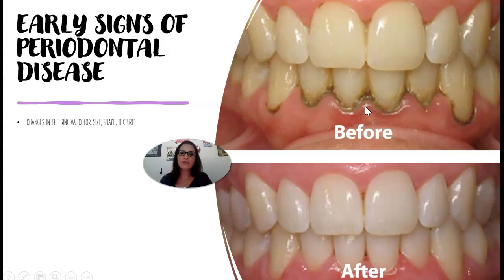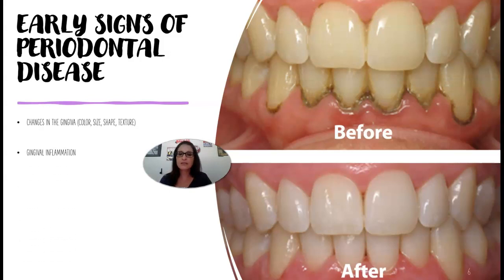And if you remember, the free or marginal gingiva is the first area where signs are going to indicate that something is going on. As we can clearly see here, this interdental gingiva or papilla looks very irritated and red and swollen. So looking for that is going to be your first indication of perio disease.